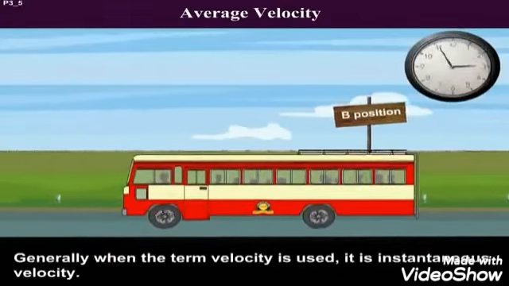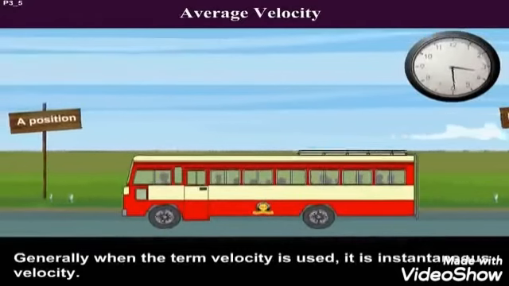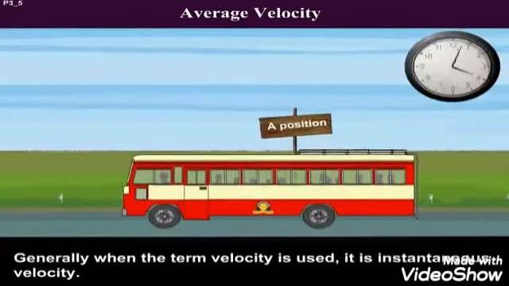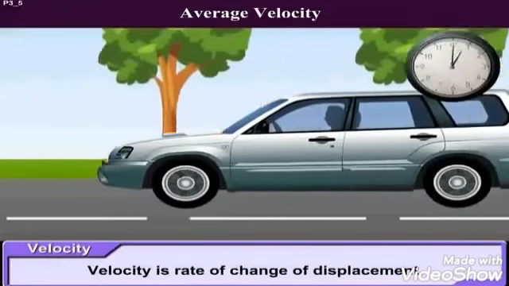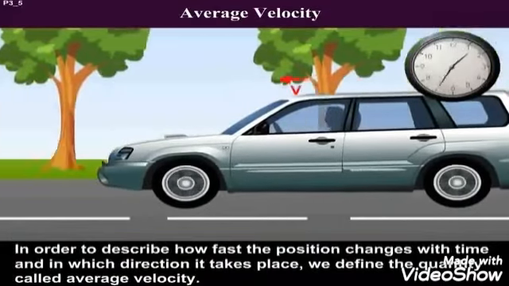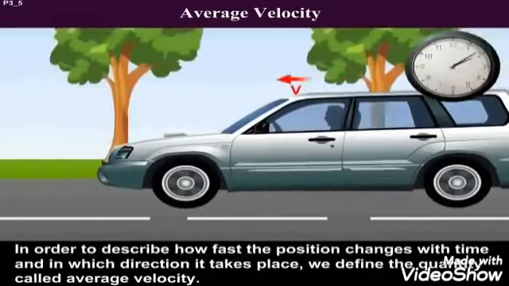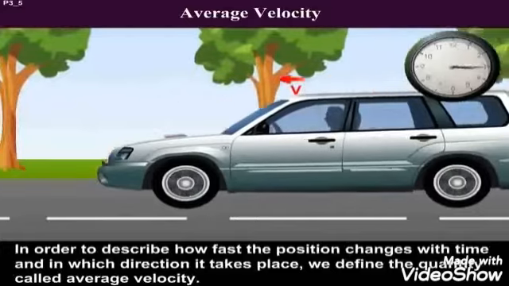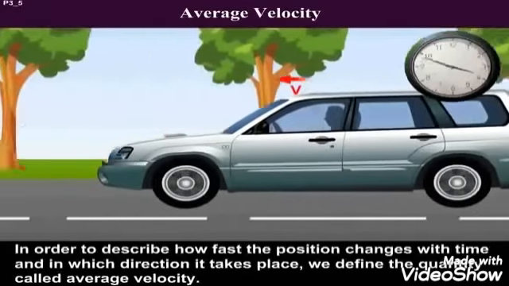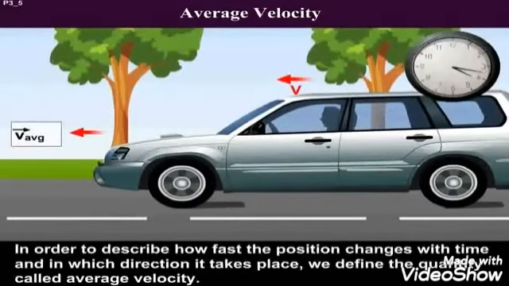Average velocity: when the particle is in motion, the position changes with time. Generally, when the term velocity is used, it is instantaneous velocity. Velocity is rate of change of displacement. In order to describe how fast the position changes with time and in which direction it takes place, we define the quantity called average velocity.